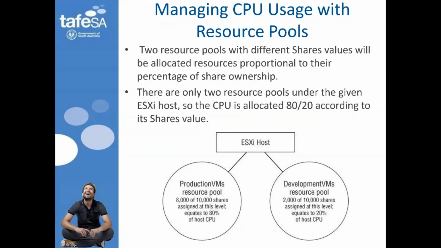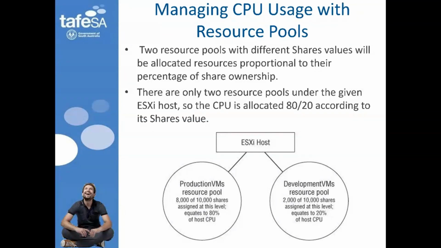So two resource pools: we've got production and we've got development. If you don't know what that means, production is the virtual machines servicing the clients, providing the service to the real clients, whereas development is where you're testing. So two resource pools with different share values.